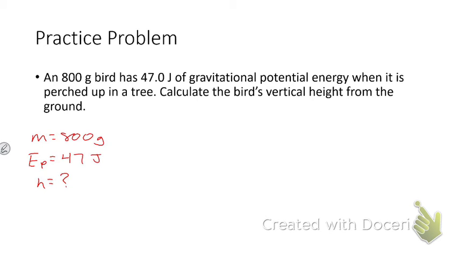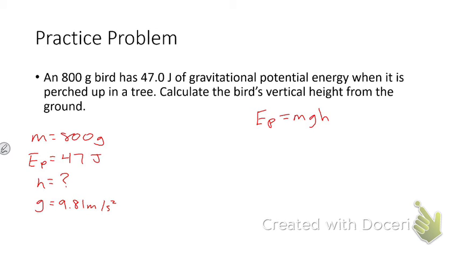What is not given, but we always know on Earth? Acceleration. Yeah, we know our g value, the acceleration due to gravity: g is 9.81 meters per second squared. So we have mass, height, gravity, and potential energy. That's a good indicator that we should use our potential energy formula. EP is equal to mgh.